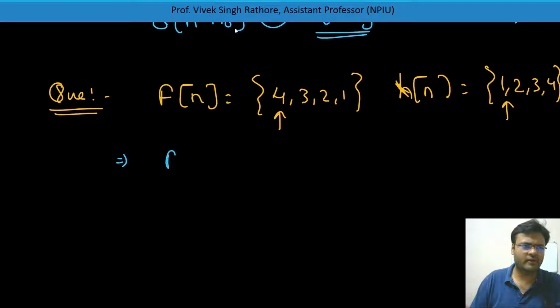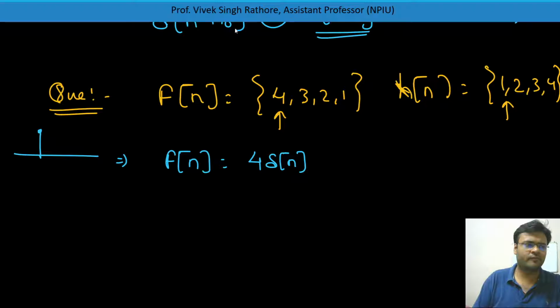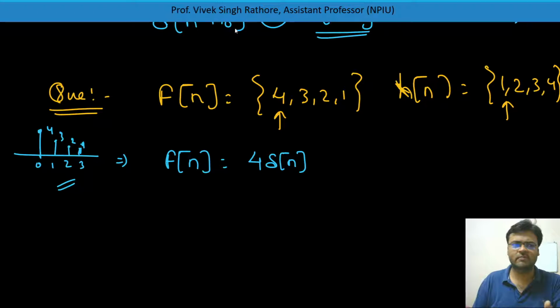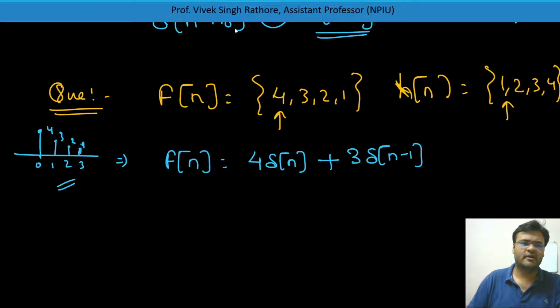Yes, we can write f n as 4 at n equal to 0, 3 at 1, 2 at 2, and 1 at 3. This can be represented as a sum of impulse signals: 4 of delta n and 3 of delta n minus 1, plus 2 of delta n minus 2, and 1 of delta n minus 3.